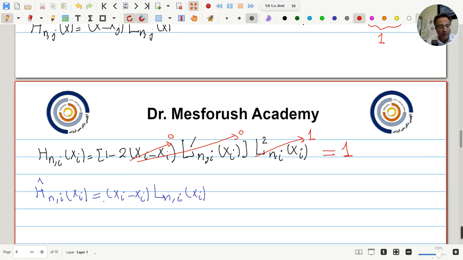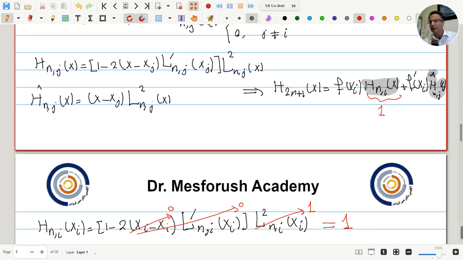If you have a look at it, it will be 0, so this term will be 0, and the other part, this one, will be 0. So it will be equal to f(x_i) times 1 plus 0, so it will be f(x_i), and in fact H_{2n+1} at x_i interpolates f.